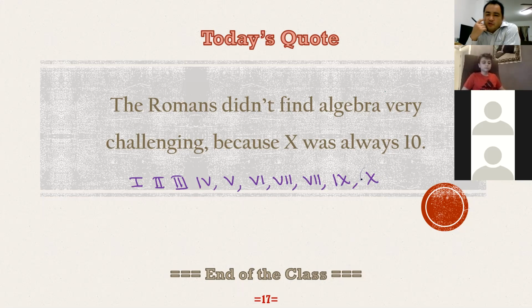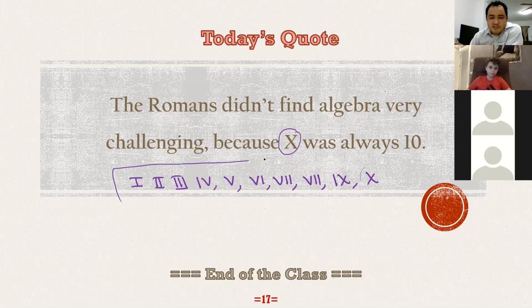Usually in solving equations, you will see in grade 7, 8, 9, even at university, that in most problems we use x to denote the unknown, and we try to find the value of x. And here there's a kind of joke: x is always 10 here, so you don't have to find its value. That's why it was so easy for Romans, because these are Roman numbers. Of course, just a joke.